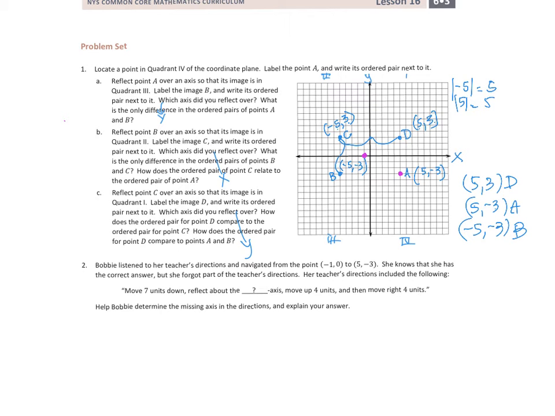Her teacher's directions include the following. So going from this one, move 7 units down, 1, 2, 3, 4, 5, 6, 7. Reflect over the Y axis. So I'd be over here, right? And then move up 4 units, 1, 2, 3, 4, and then move right 4, 1, 2, 3, 4, boom.